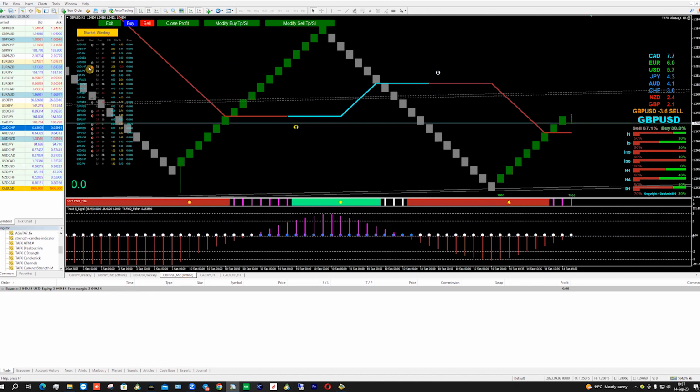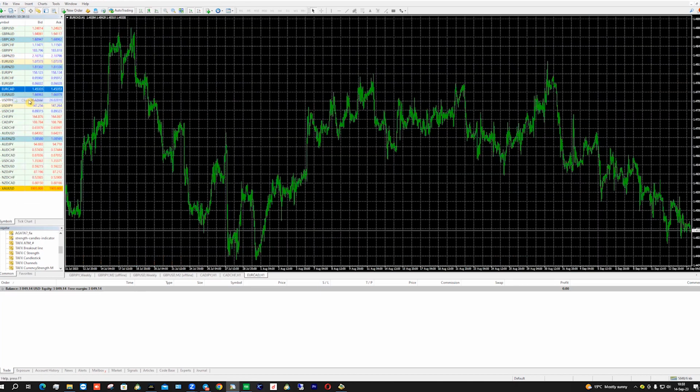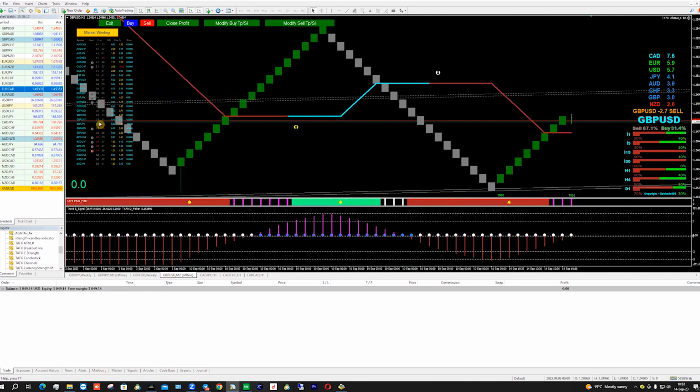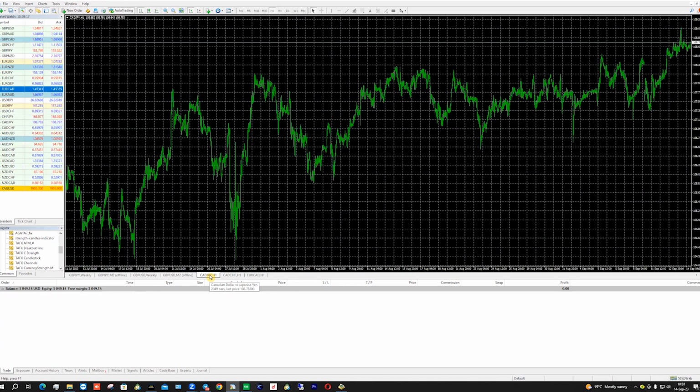Yeah, card CHF and card JPY, because they are the ones that are giving you now the signal. Even this Euro card, you can see the Euro card also trying to indicate white at this place. So you can jump to them and now wait for a signal. It will be very simple as that.